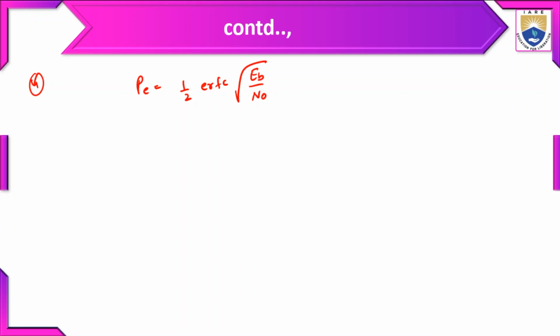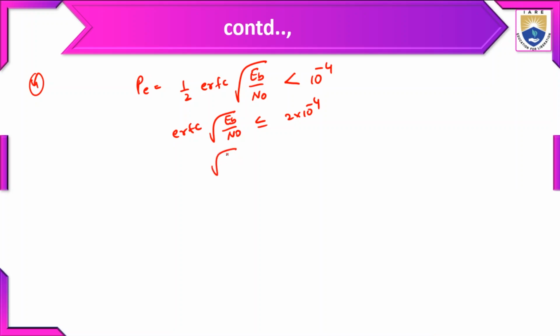This is the probability of error for PSK. They mention the probability of error must be less than 10 power minus 4. Given that, ERFC square root of EB by N naught is equal to 2 into 10 power minus 4.